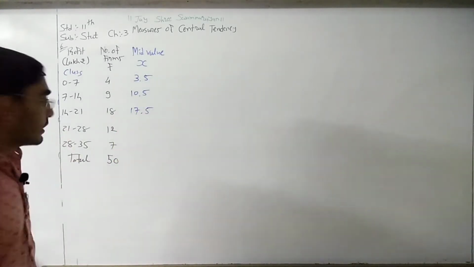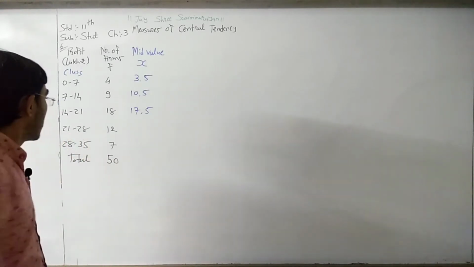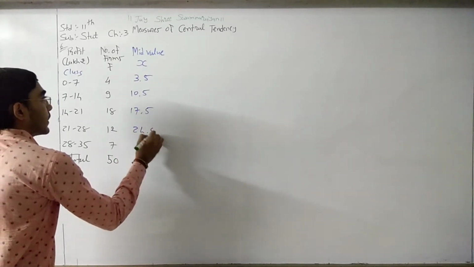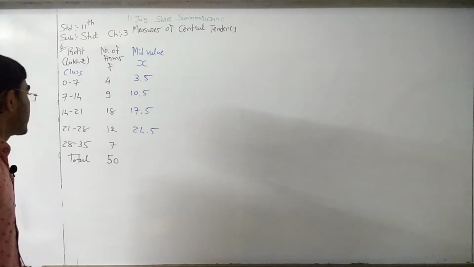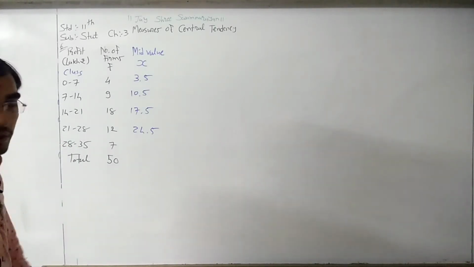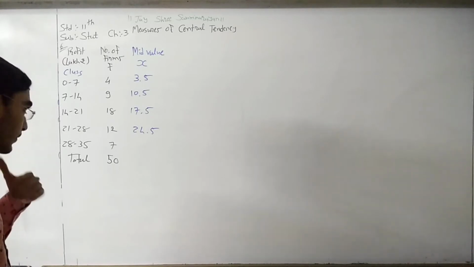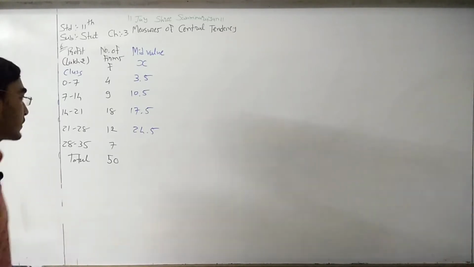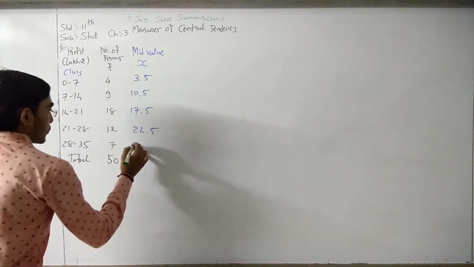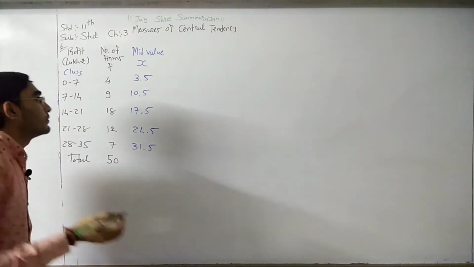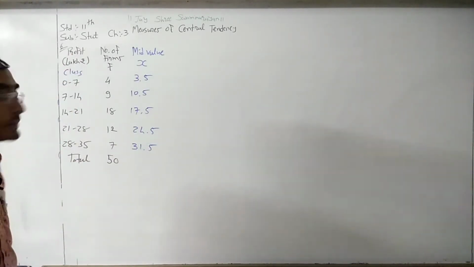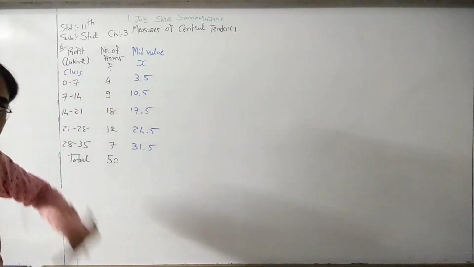After that, 28 plus 21, it's 49 divided by 2, 24.5. After that, 28 plus 35, it's 63, divided by 2, 31.5. Okay, these are the mid values. That means upper limit plus lower limit divided by 2. We already learned this formula in the theory part.